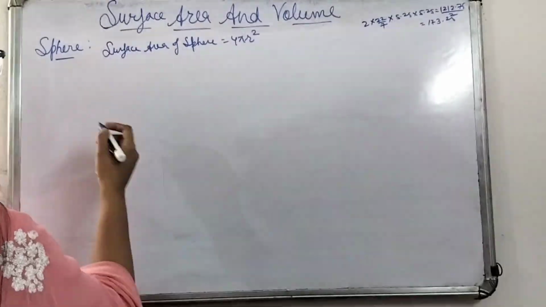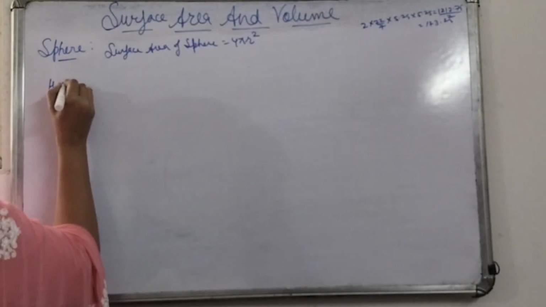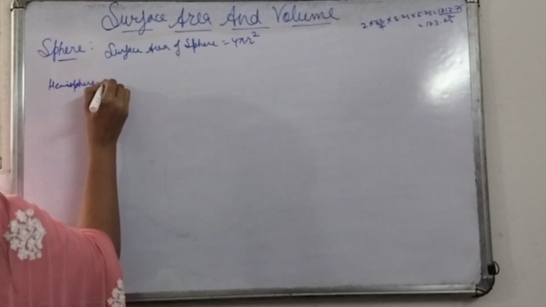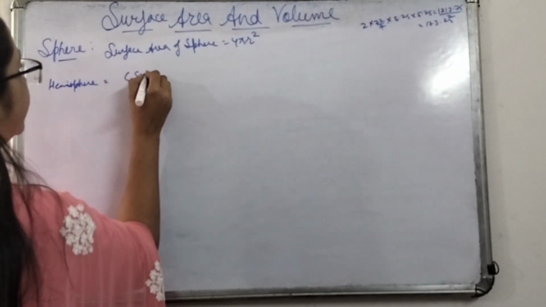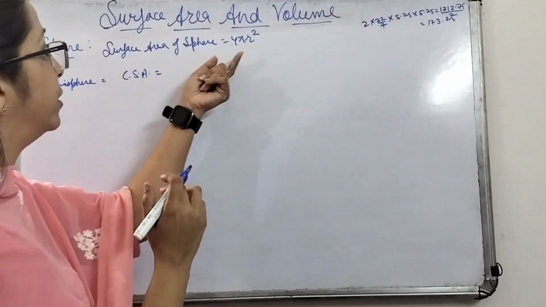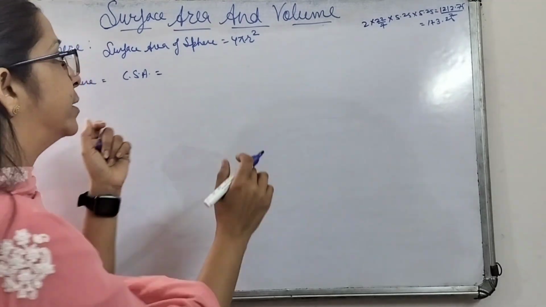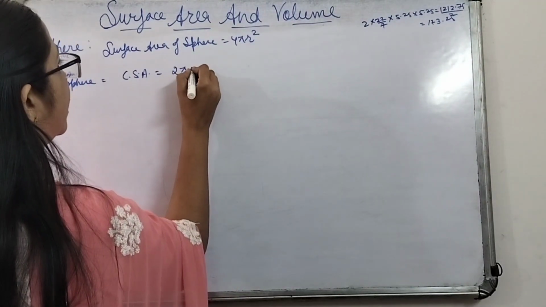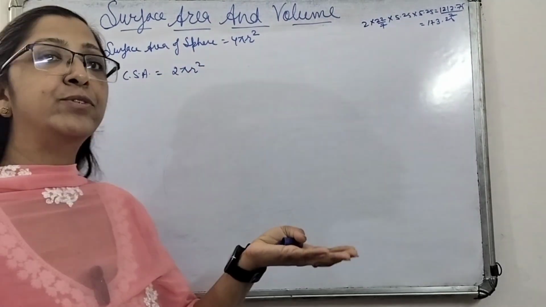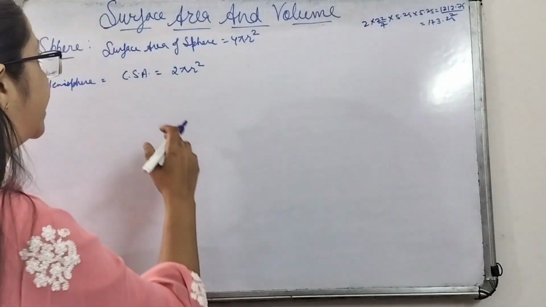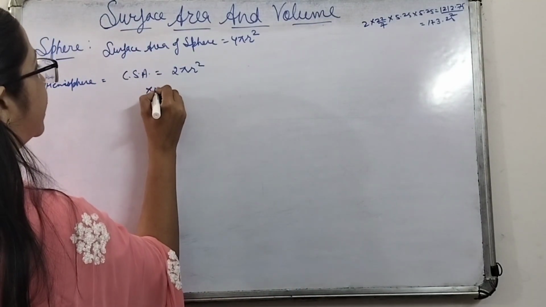So in the case of a hemisphere, the curved surface area will be half of the surface area of the sphere, that will be 2 pi r square. And the base, which is circular, the area of that will be pi r square.